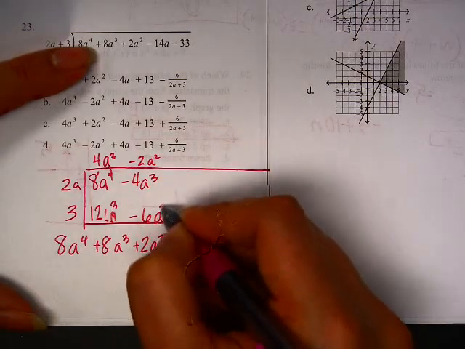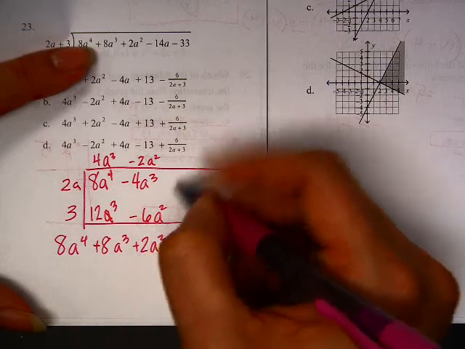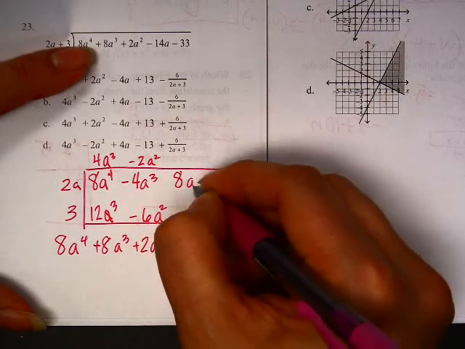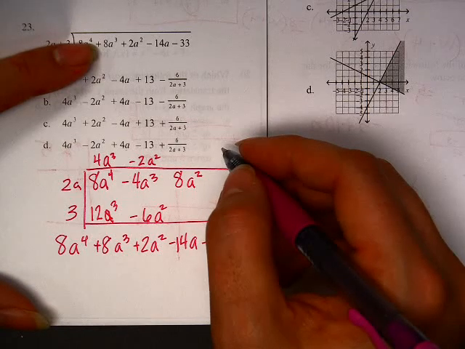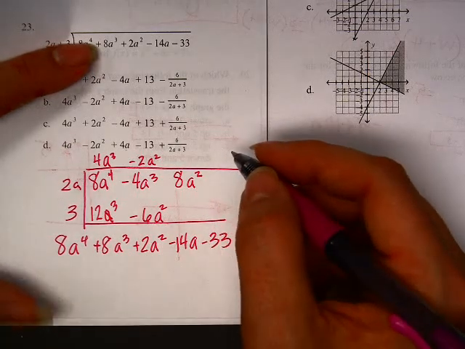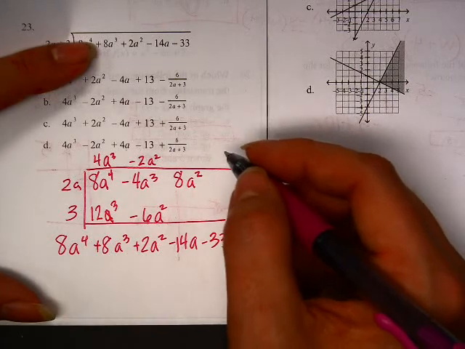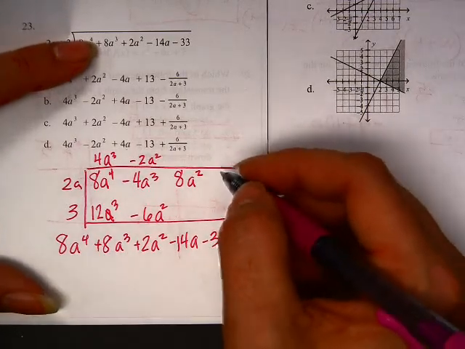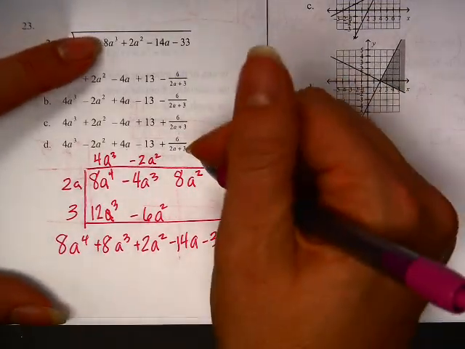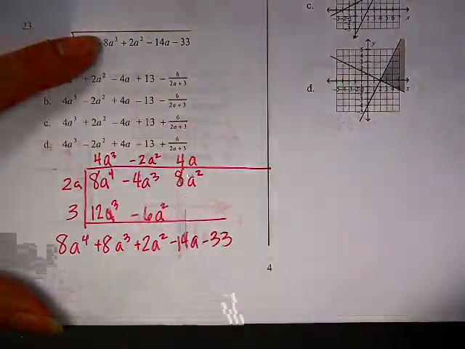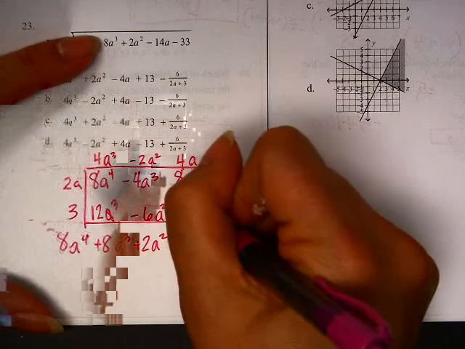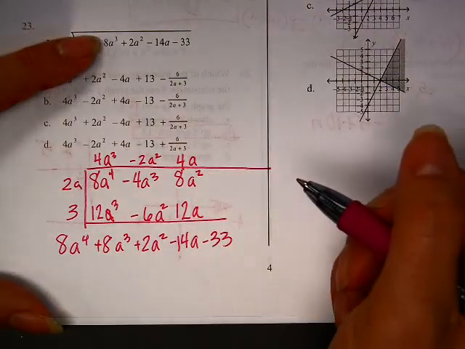And then I have -6 of them, but I want 2 of them, so I need 8 of them to make that happen, and then 4a will make that work, and then that will be 12a.